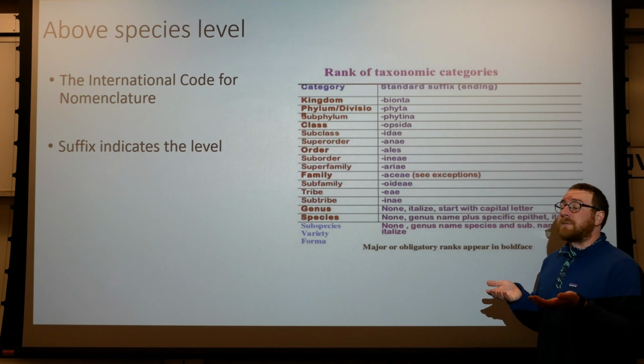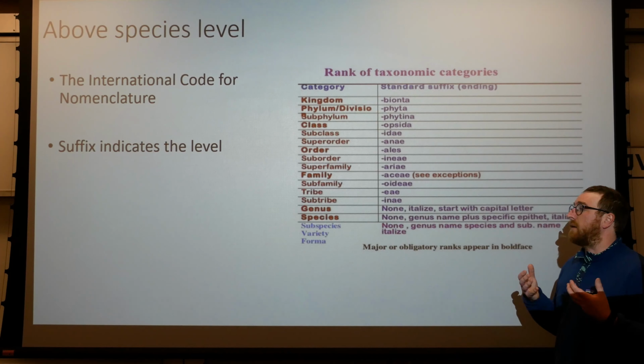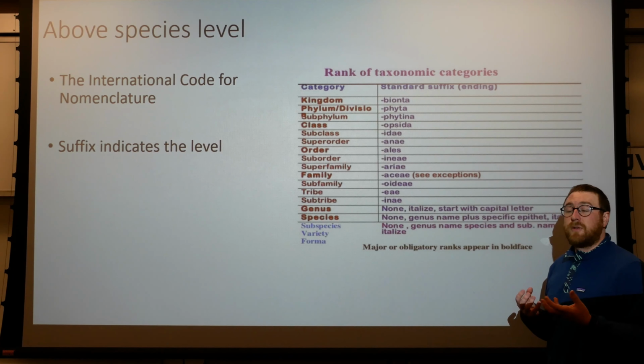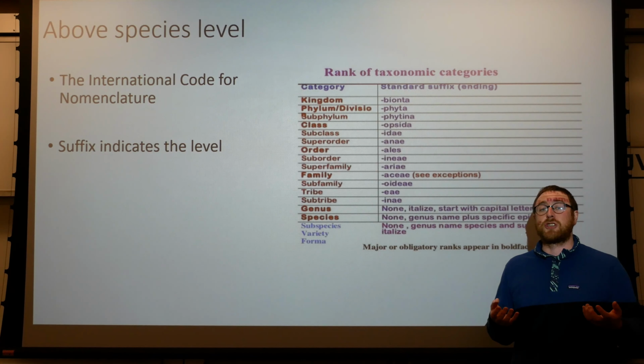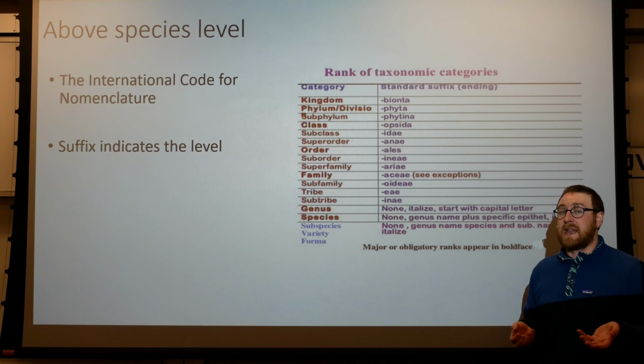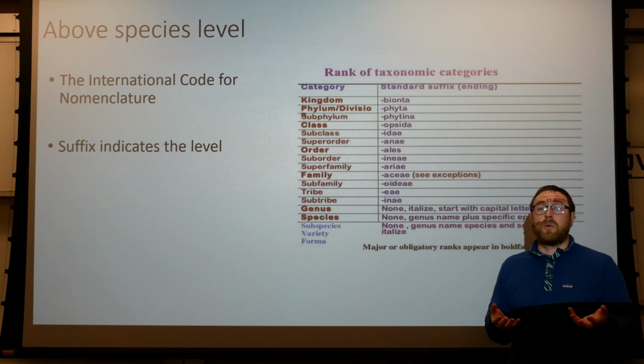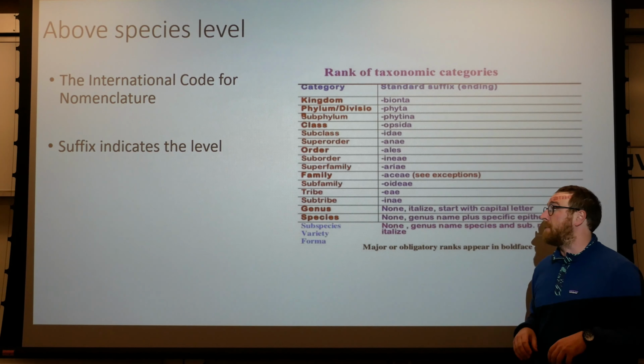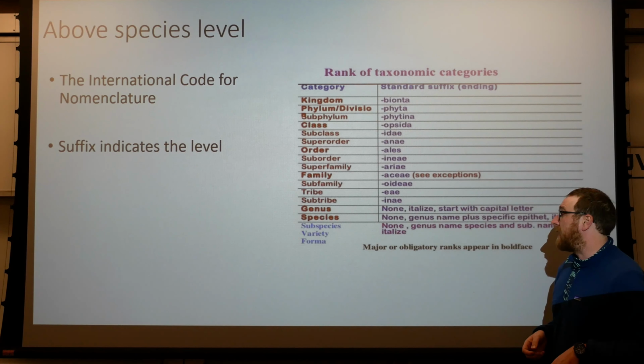But when we go above the species level, we also see more hierarchies forming. And this is a useful tool for us to understand relationships at a glance. If we think about Brassica rapa, there's a whole lot of information I can get by just looking at that name and understanding what it means.